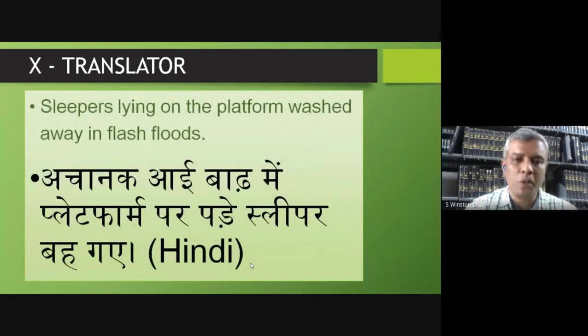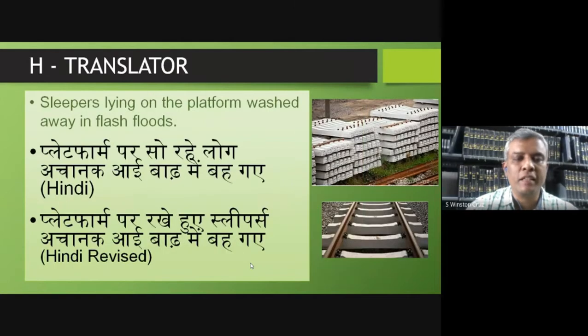The next one also says the flash flood that came suddenly, in that the sleepers which were lying on the platform were washed away. And the third one.